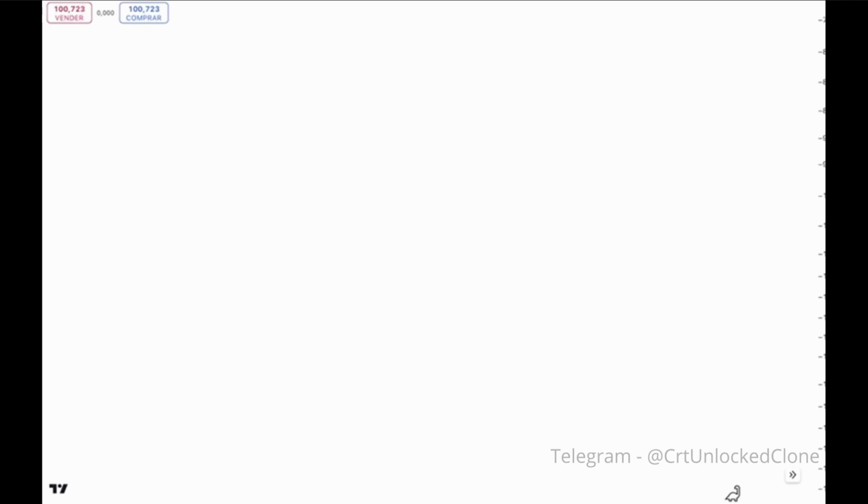CRT Unlocked, the technicals were designed to be very brief, to the point, with more practice coming in the group chat and the PDFs, right? But the base, the foundation is laid over here. The entire foundation of CRT is laid over here. Now you build on this, right?